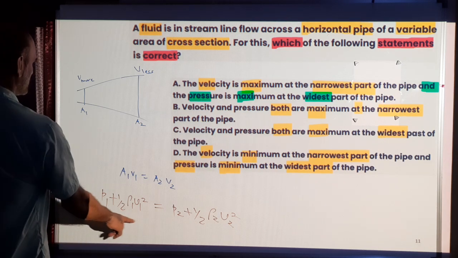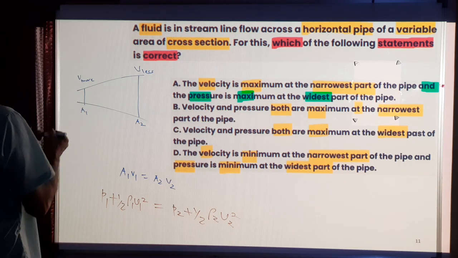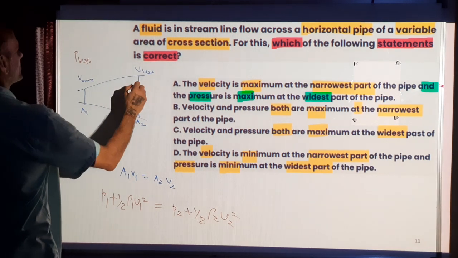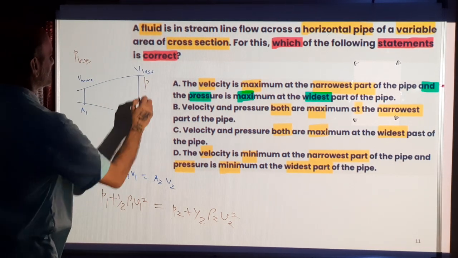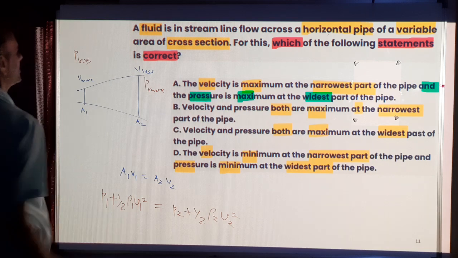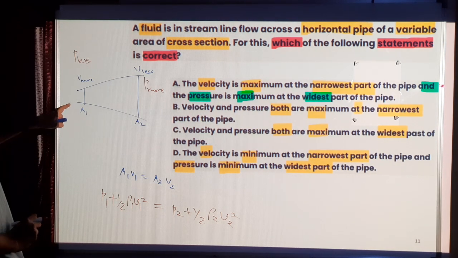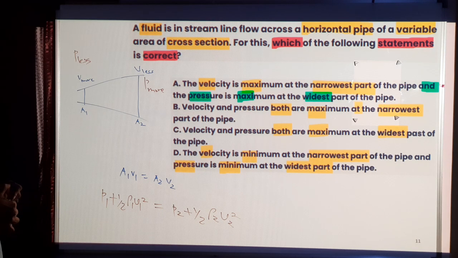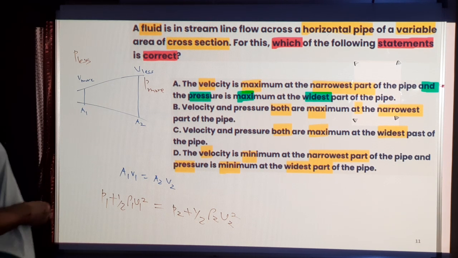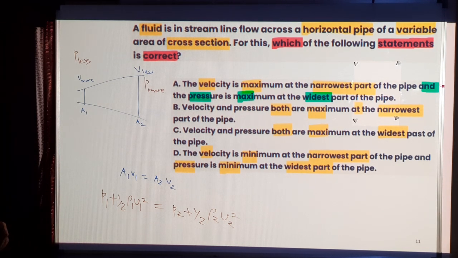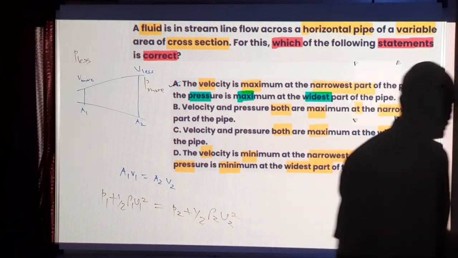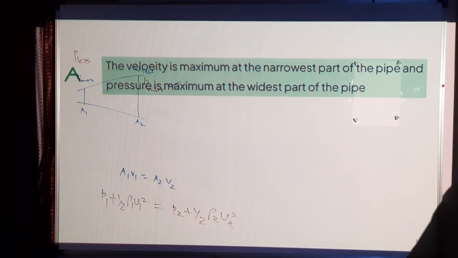If velocity is more, pressure will be less. So here velocity is more, so P will be less. Here velocity is less, so P has to be more for the sum to be the same. So velocity is maximum at the narrow part and pressure is maximum at the wide part. So option A, velocity is maximum at the narrowest part, it's true, and pressure is maximum at the widest part. A is the correct answer.